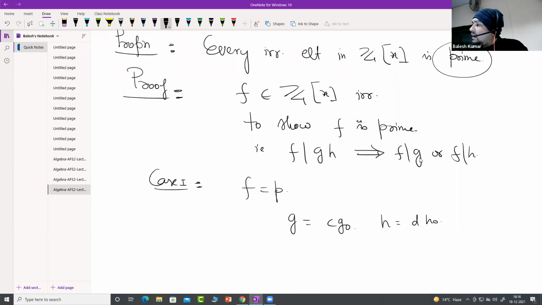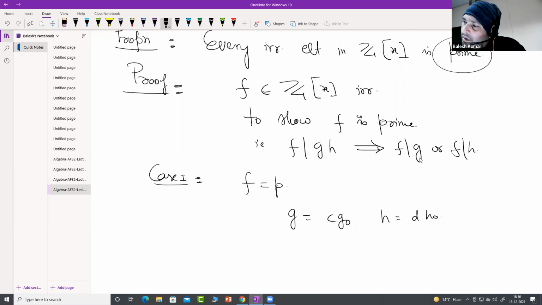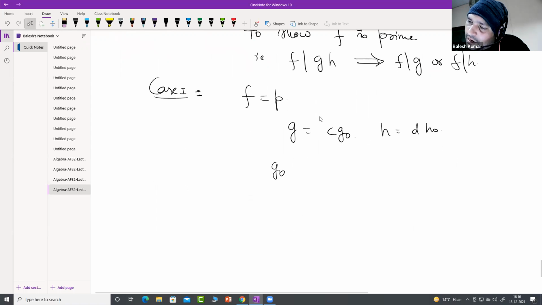Since g0 and h0 are primitive, by using the Gauss lemma we can say that g0 times h0 is primitive.